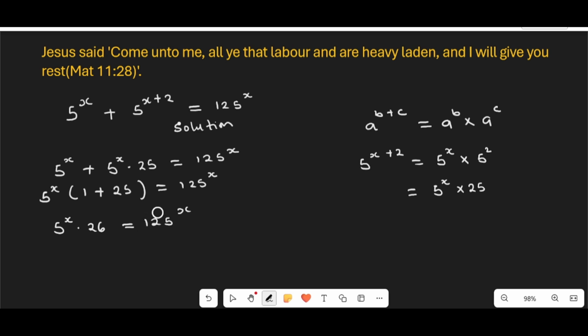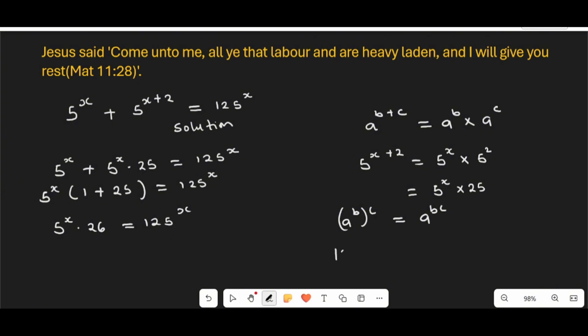Let us rewrite 125 raised to power x. In indices, if we have a raised to power b all raised to power c, it is equal to a raised to power b multiplied by c. Now here 125 is 5 raised to power 3.